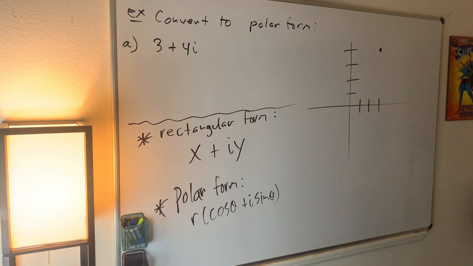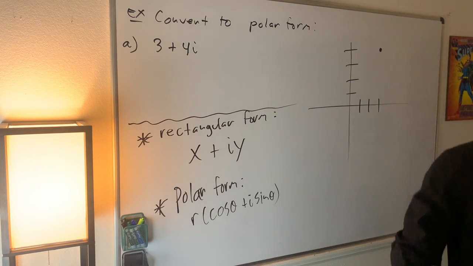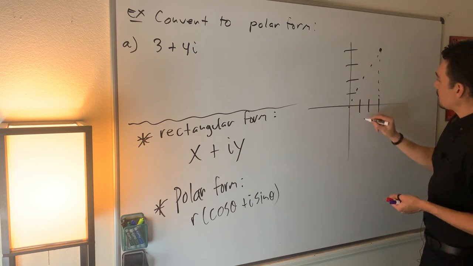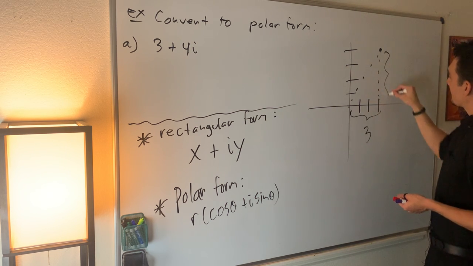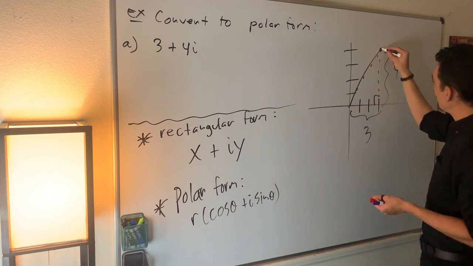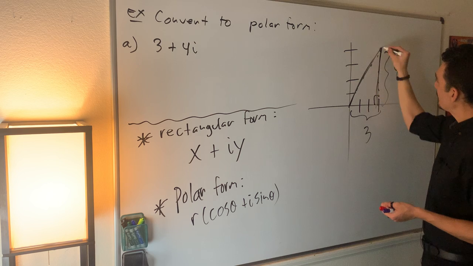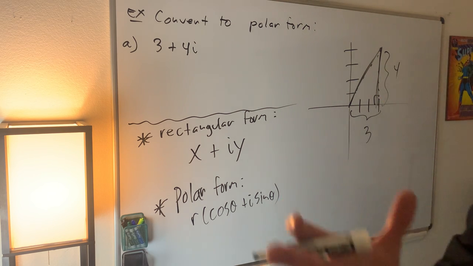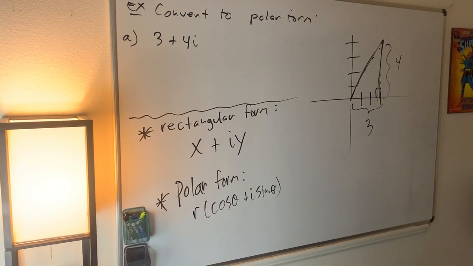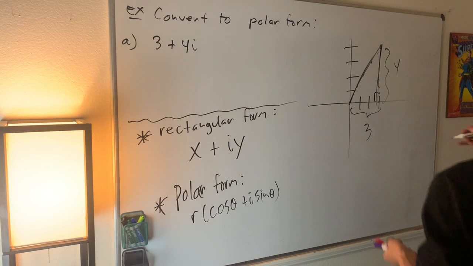Why don't we make a right triangle out of this? This here is 3, that's 4, and there's your right angle. So we have a right triangle, and the hypotenuse we can call r.